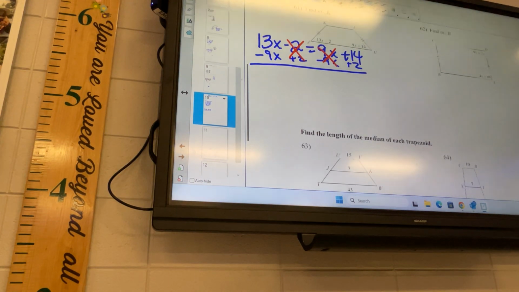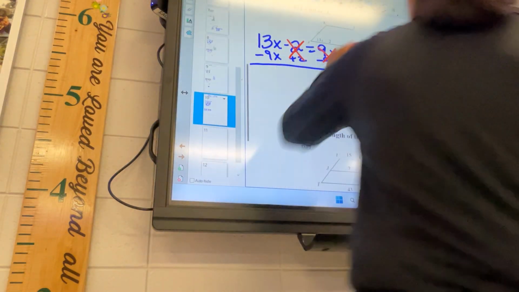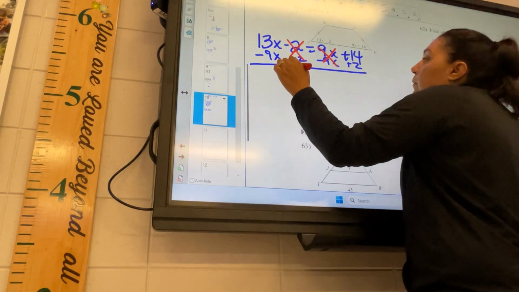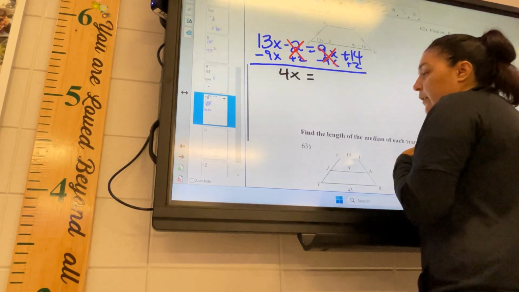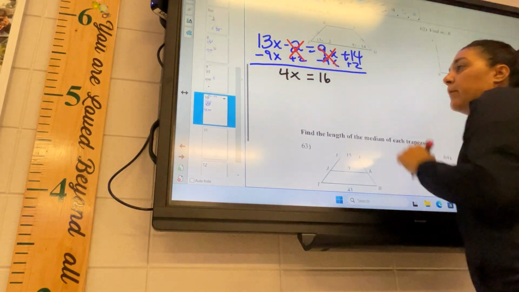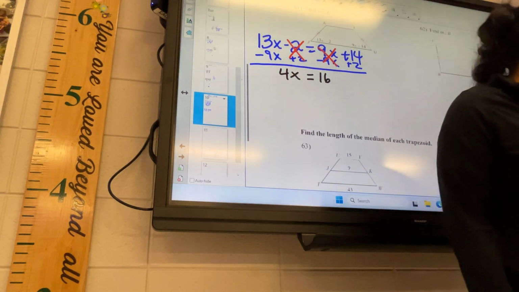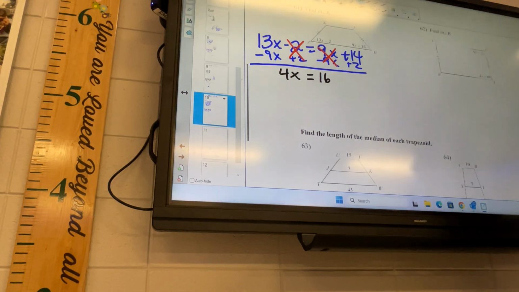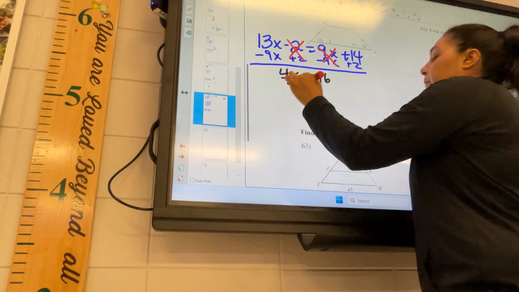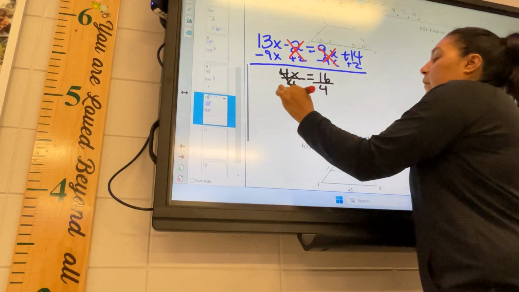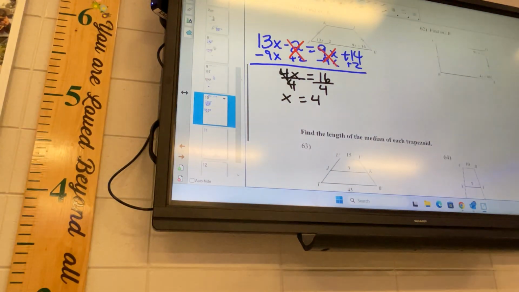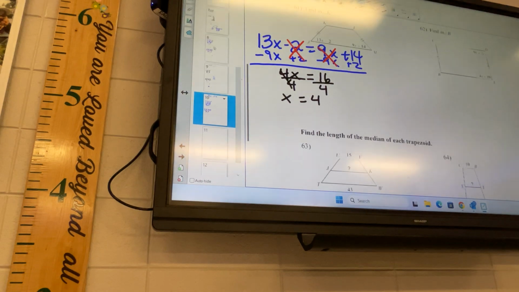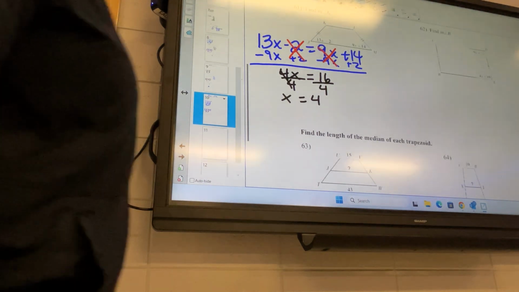Okay, 13 minus 9 is 4x. 14 plus 2 is 16. Then what? Divide both sides by 4. Okay, do we stop or keep going?